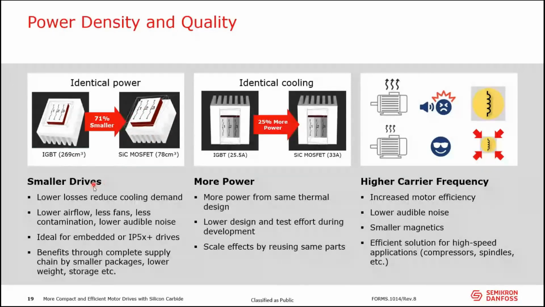And if you think that further, that can also bring a lot of benefits. Of course, the cooling effort is reduced. You have lower airflow there. Lower airflow means fewer fans, and also less contamination in your panel or in your drive. Lower audible noise also.